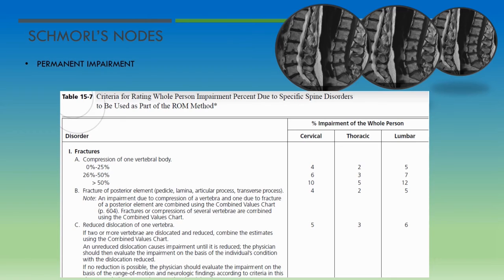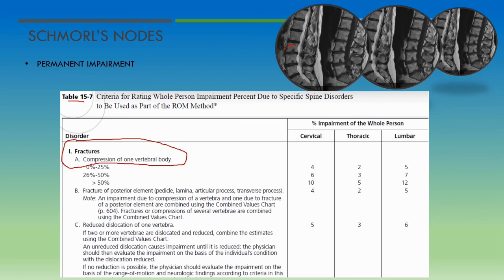So one option that you would have available to you in using the range of motion method for providing for permanent impairment rating out of table 15-7 would have to do with fractures. You can describe a Schmorl's node as a compression fracture of one vertebral body.